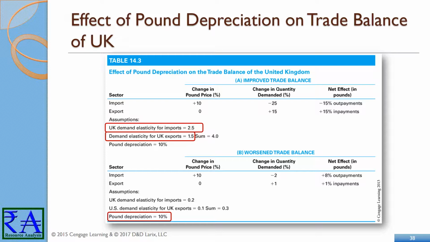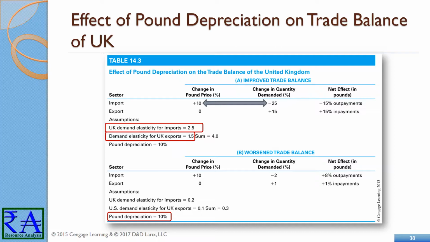The import demand elasticity of 2.5 results in a 25% quantity decrease and a matching 10% price increase in pounds. The net effects of these events lead to a net outpayment decrease for the import sector and a 15% increase for the export sector.